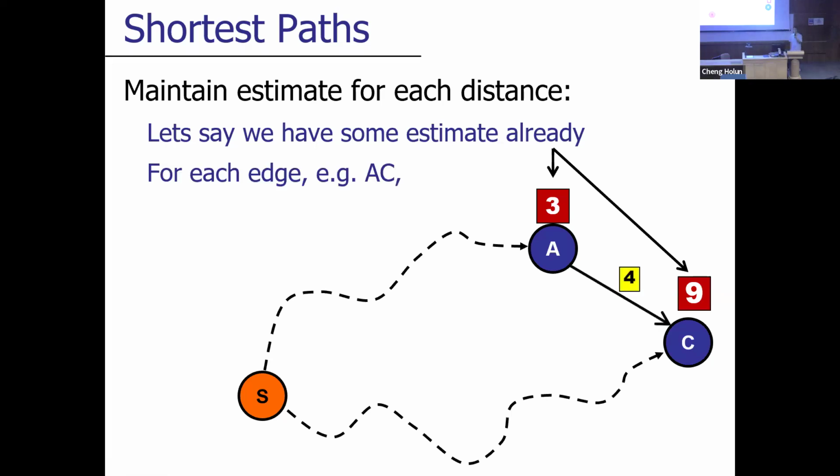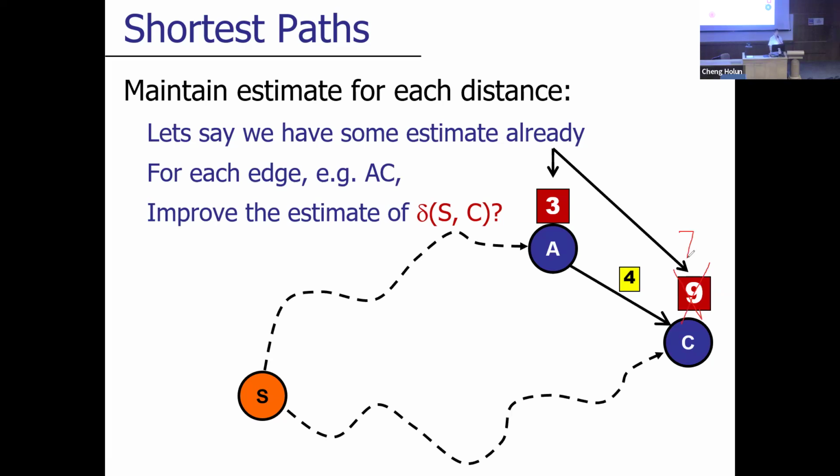So now, what is the new estimated distance of C? 7, right? Because it's better. So what you do is, if you find out from this edge, I can go to A and go to C is better, I update it to be 7. So I'll update this guy to be 7.